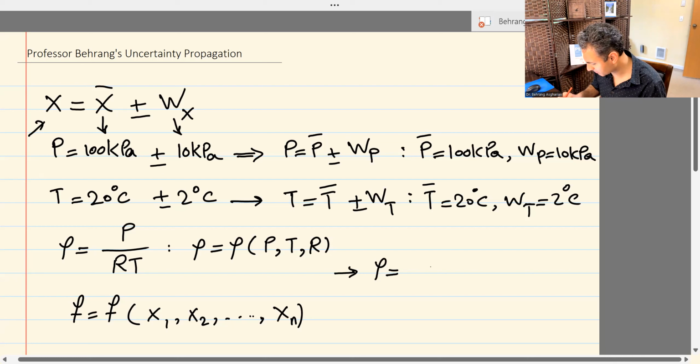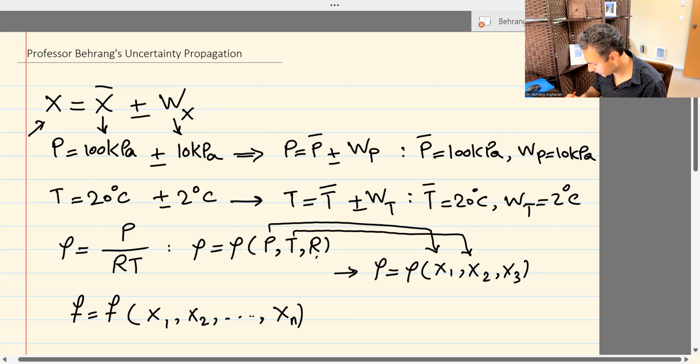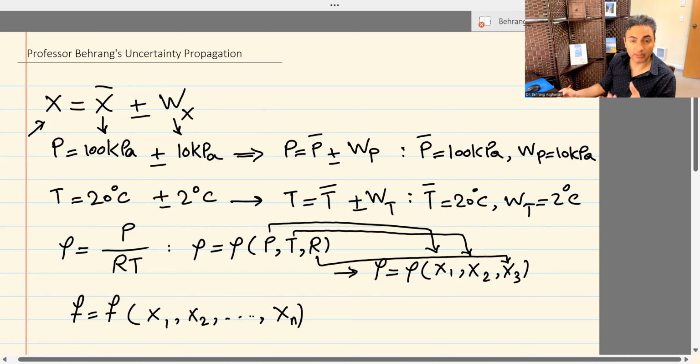Or I can include R also. Density was a function of x1, x2, and x3, like this. And P being x1, T being x2, and R being x3 in this case, right?